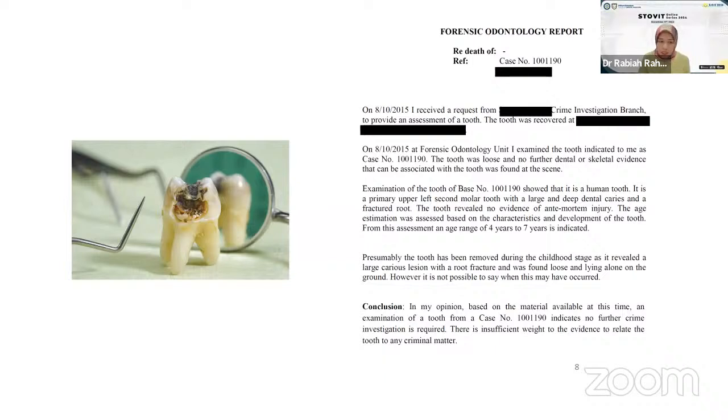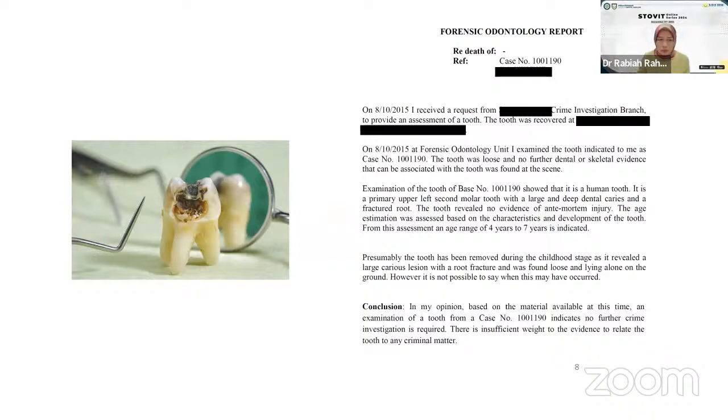However, remember, we have to know our limitation. We do not know if this tooth came from a dead body, or we do not know whether this tooth was just thrown by someone.